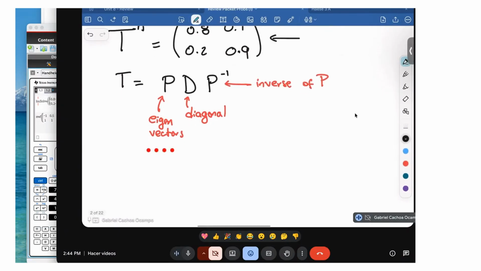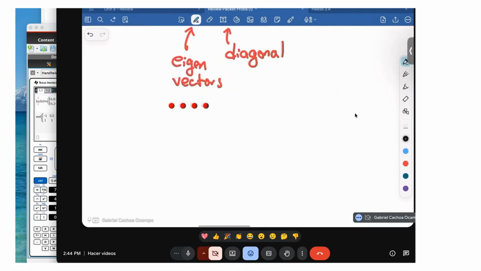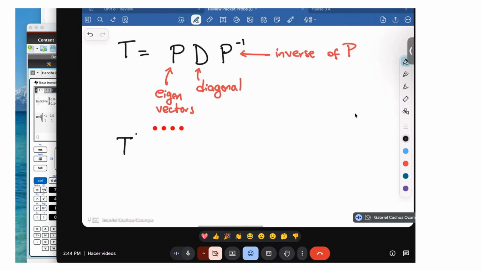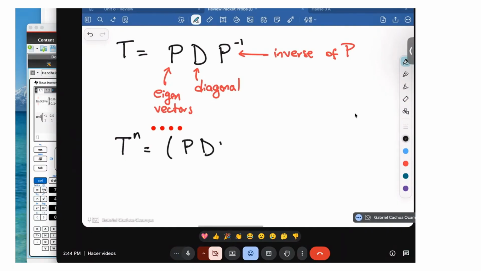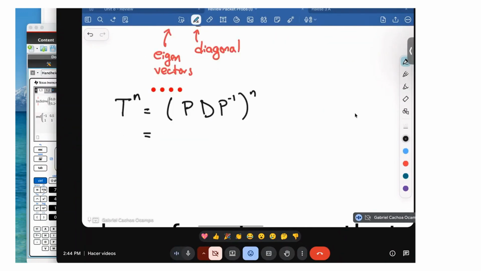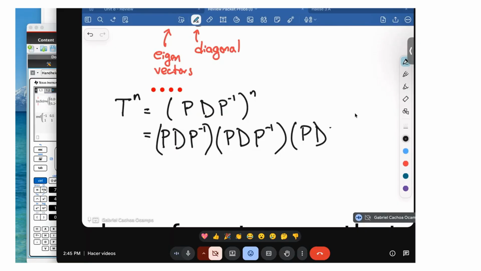So to find an expression for T^n, we're going to do this. Observe the following. What is T^n? T^n is the same as P D P inverse to the n. And do you agree with me that this is the same as P D P inverse times P D P inverse times P D P inverse, n times?